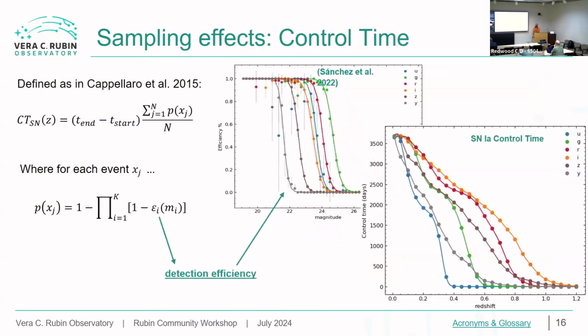So first thing, to measure the rate, you need to take into account the sampling effect. And you can measure this sampling effect via the control time method, which is just a sort of effective observing time that you can use to detect your transient. So what it is doing is just taking the real observing time, which is 10 years for the entire LSST, and this is proportional with the detection probability of each supernova that you can detect, from the detection efficiency.